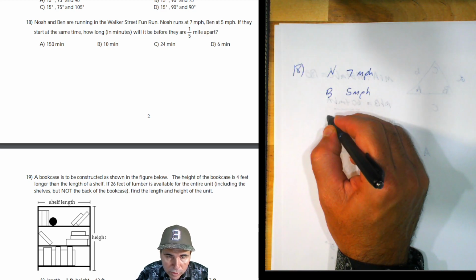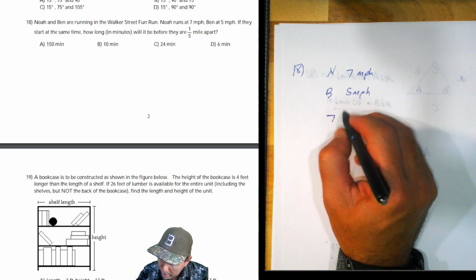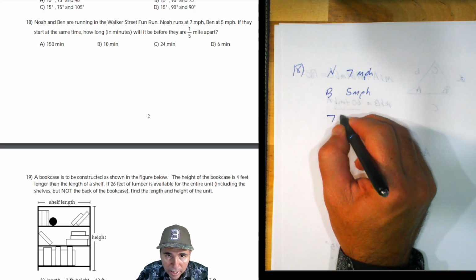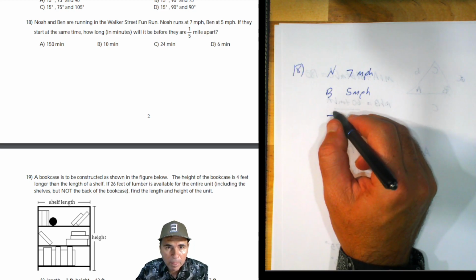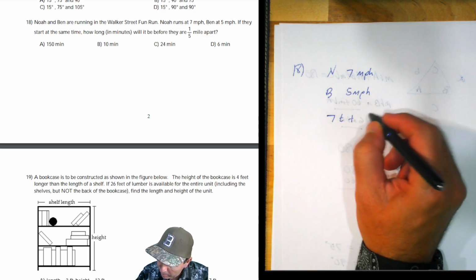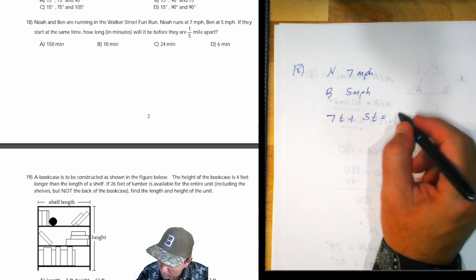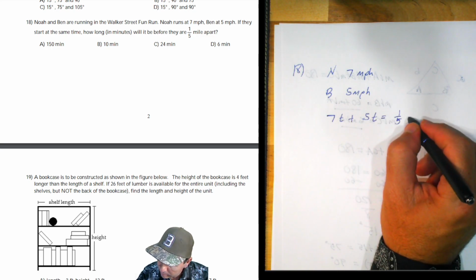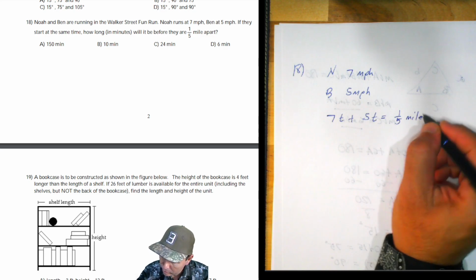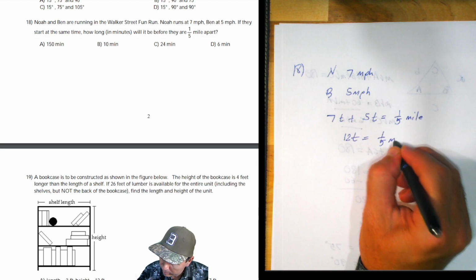So 7 miles per hour times a certain time, plus 5 miles per hour times a certain time, is going to be a distance of 1/5 mile. So we got 12t equals 1/5 mile.